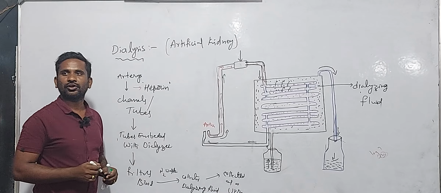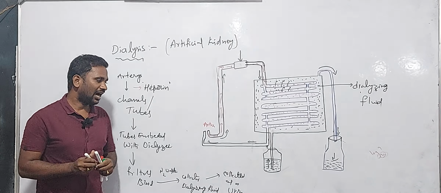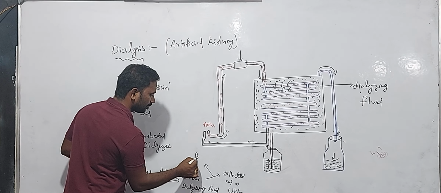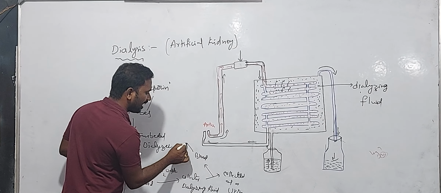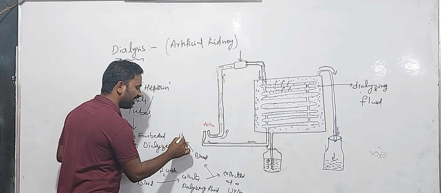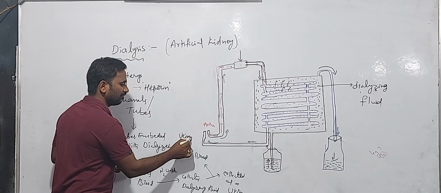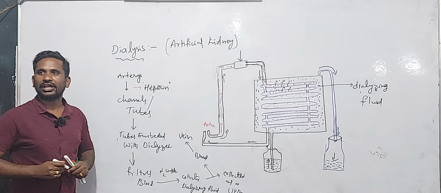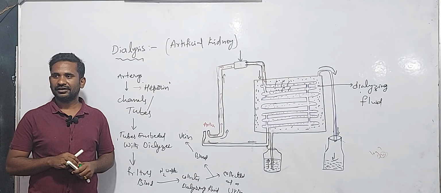Okay, do you understand up to here? Yes, sir. After collection of the urine, the blood will be sent back with the help of the vein of the patient. Okay, do you understand? Yes, sir.